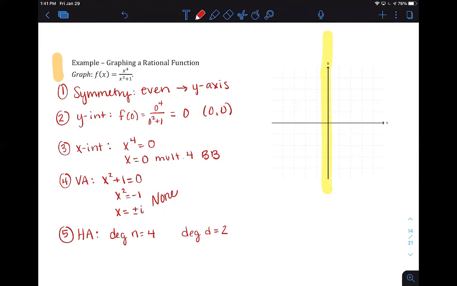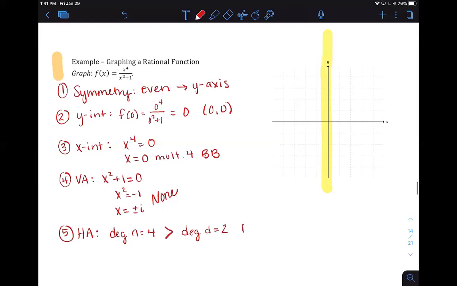None. We're going to talk on Monday about what happens when it's a difference of 1. So if this was 3 and 2, we have a new asymptote that we'll talk about later.